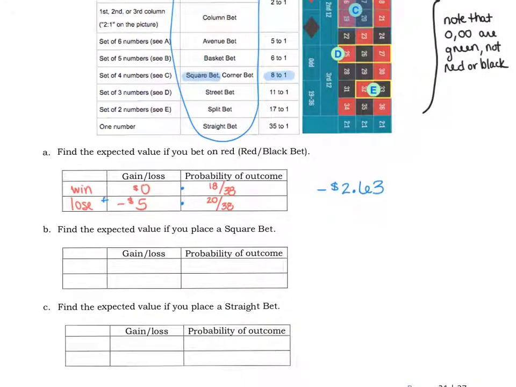So if we win, they're going to pay us 8 times as much as we paid to play. We paid $5. So they'll give us $40, which again is just a gain of $35 for us because we're getting our initial $5 back. If we lose, we are still out our $5.